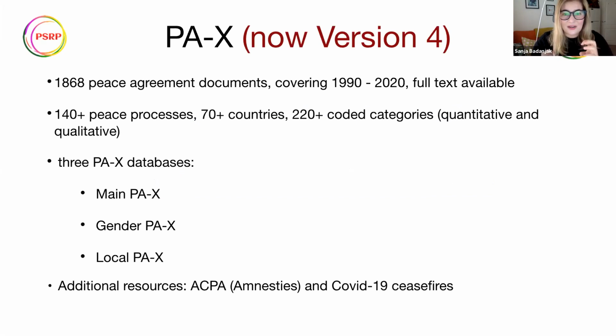These are fully subsets of the main database. That means that there's nothing in them that isn't also in the main database. So anything that deals with women in any way also gets put into the Gender PA-X. Any agreement that is local in nature also gets routed into the Local PA-X.